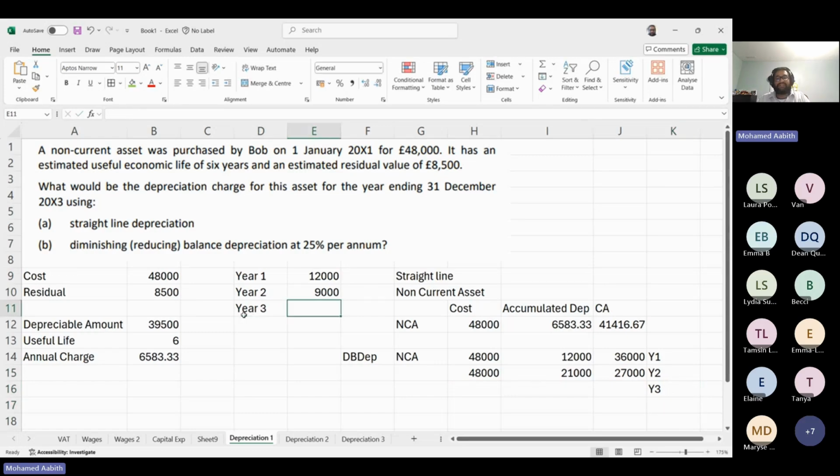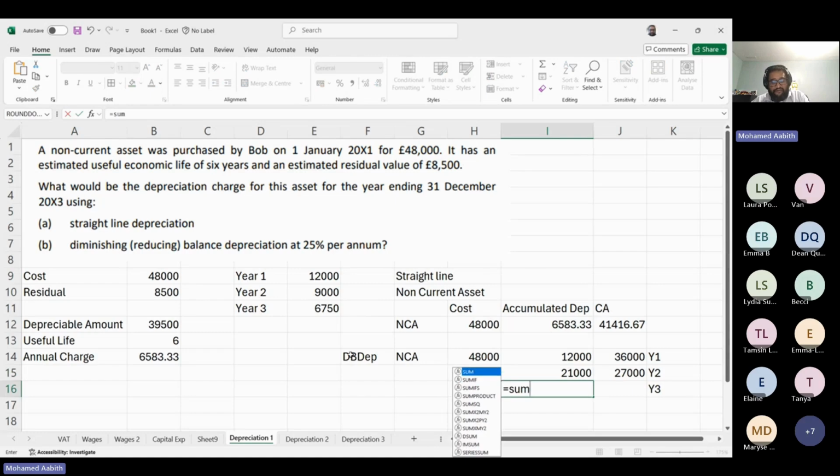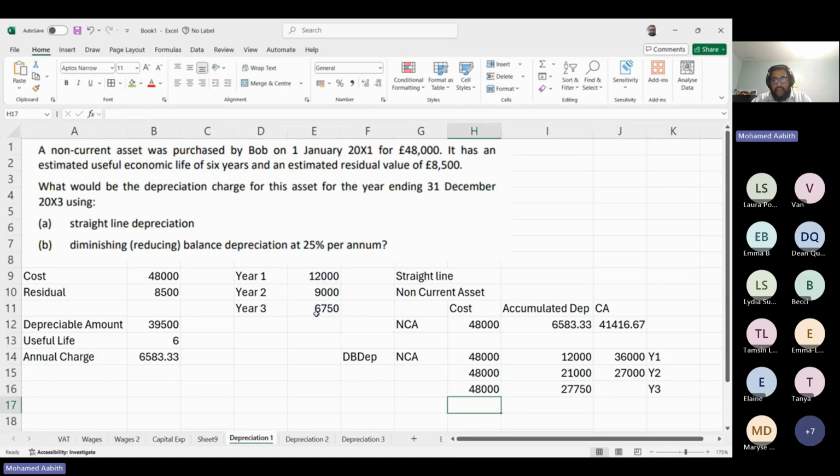Year three, the depreciation charge is equal to that carrying amount times 25%, 6,750 pounds. So on my NCA, I have that, and then I have the sum of all of this. And I'll put this one down here, 20,250 pounds, which is my carrying amount.